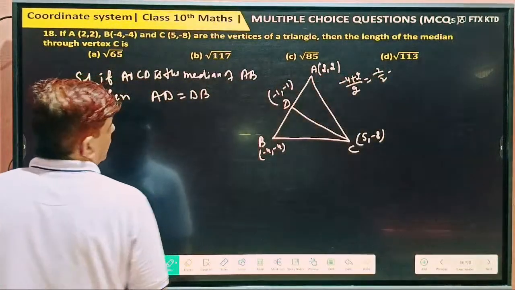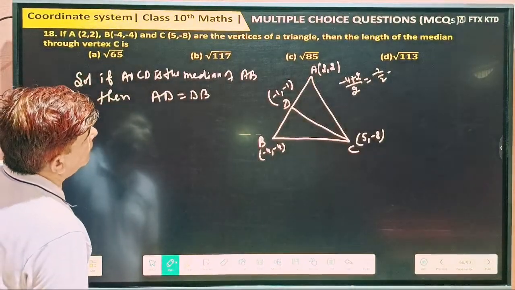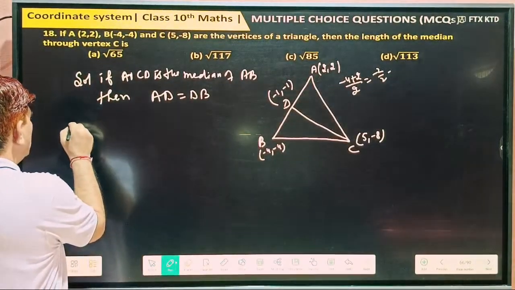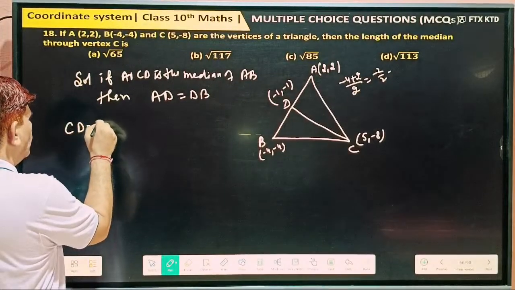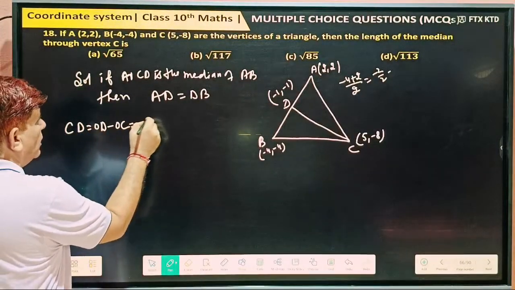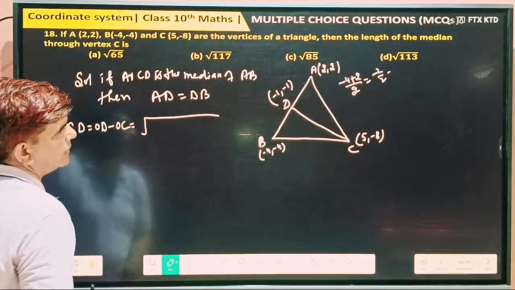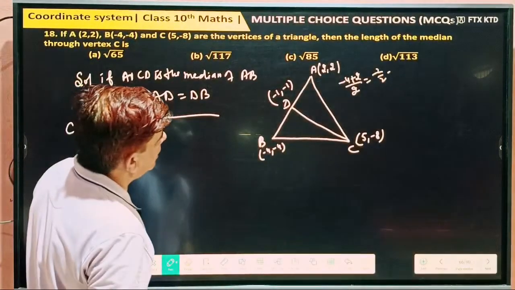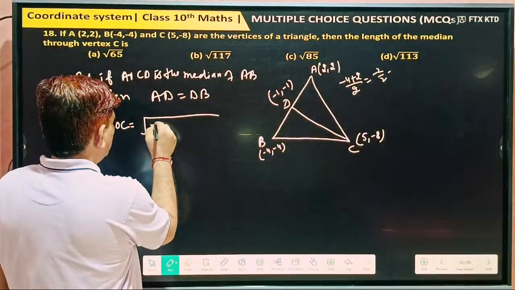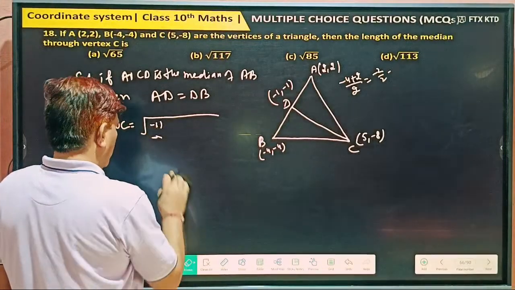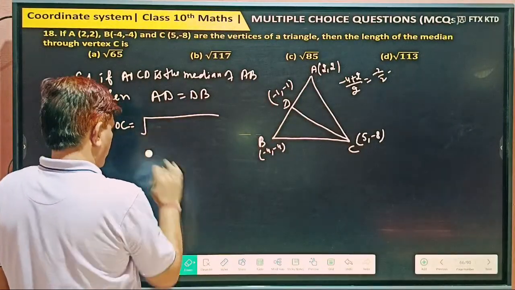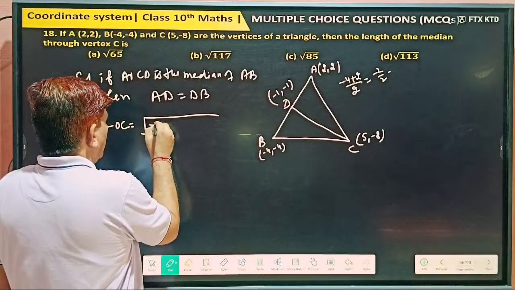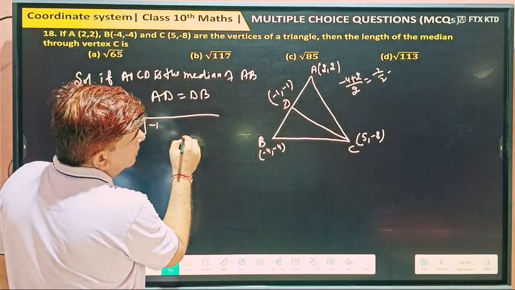We have to find the length of the median CD. By the distance formula, D is (-1, -1).